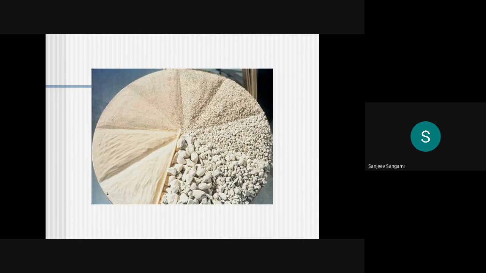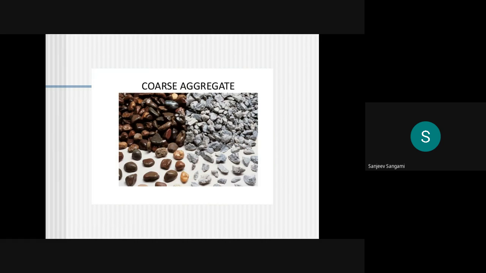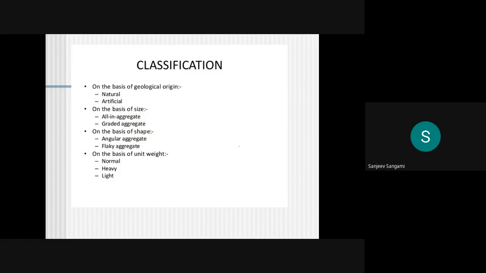Then you can see the different types of aggregates with proportions. Some more classifications are based on the origin: natural and artificial. On the basis of size, all-in aggregate and graded.